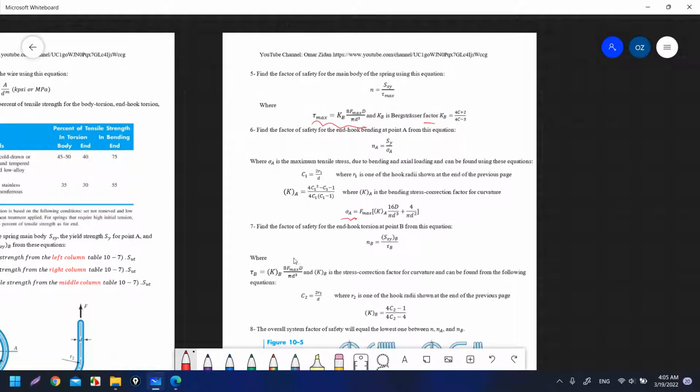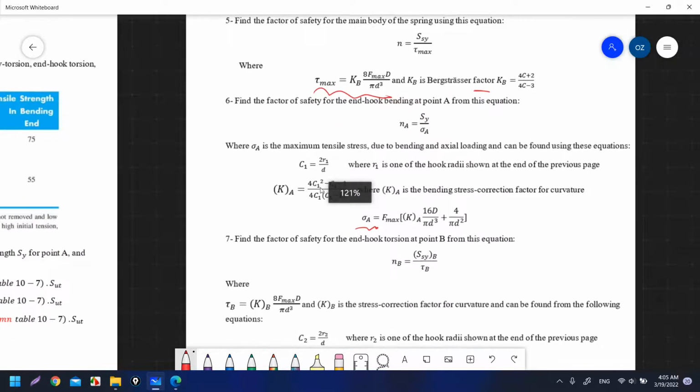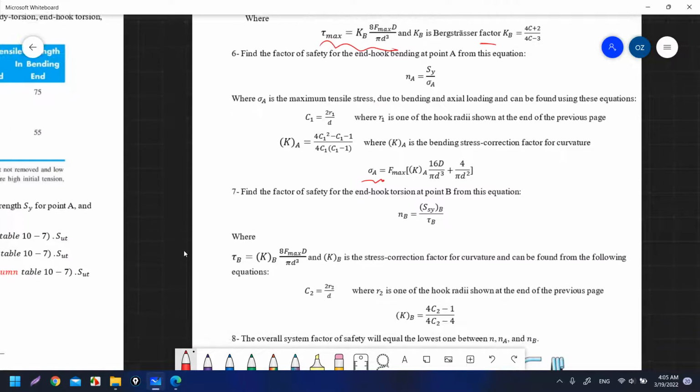And we calculate everything for them except that Ka and Kb are a function of the radii of the hook. They are a function of C1 and C2, which are a function of R1 and R2 over D. They represent a correction factor for the curvature, Ka and Kb.